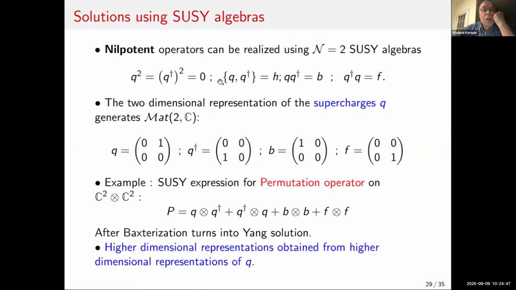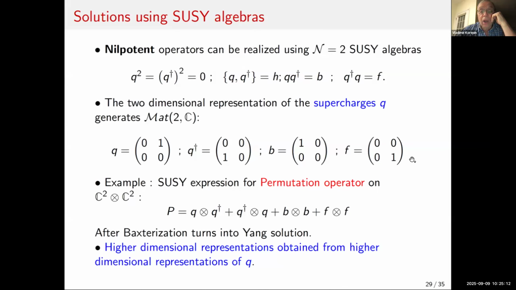So for Susy, we're considering nilpotent matrices, Q squared equal to 0. Then we use some notation coming from supersymmetric quantum field theory: usually the anti-commutator of Q and Q dagger is denoted by the Hamiltonian. So this is the algebra. We can consider a representation of this algebra in terms of two-dimensional matrices.